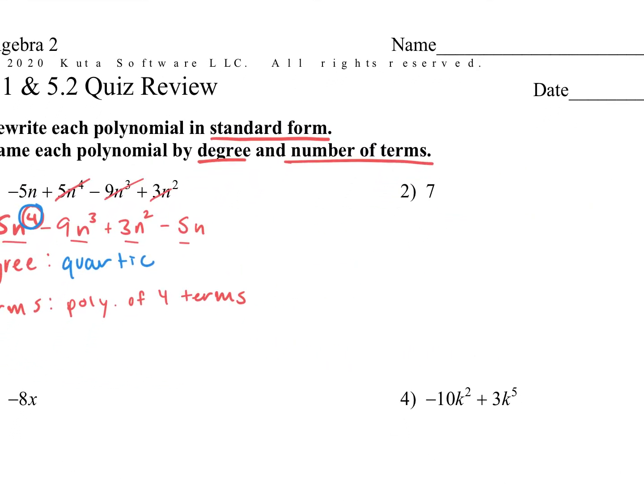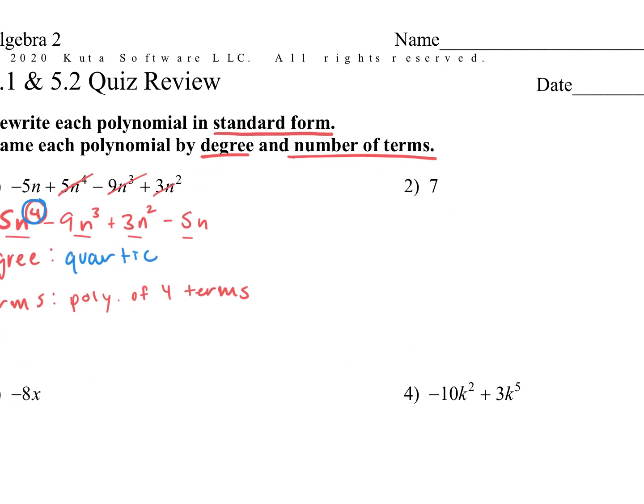All right, number 2. It's only 1 term, so it's already in standard form. How do I classify it by the degree? If it doesn't have a variable, it's constant. And then how do I classify it by the number of terms? It's just 1 term, so it is a monomial.